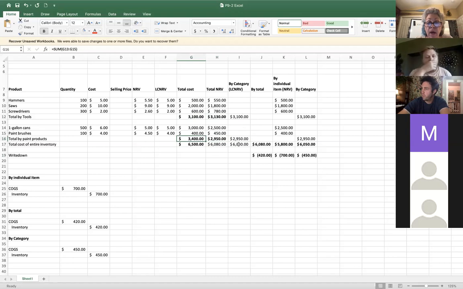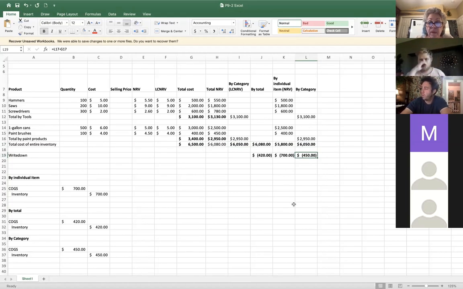So when we sum up what is lower of cost or NRV by category, we get 6,050. And when I compare the 6,050 to my cost, then we see that we have a $450 write-down.